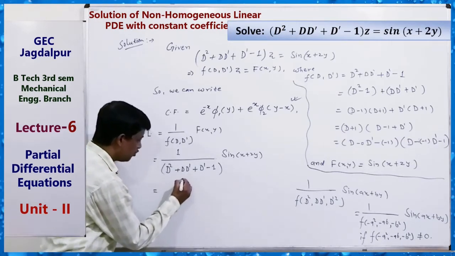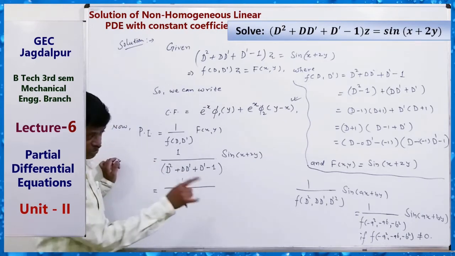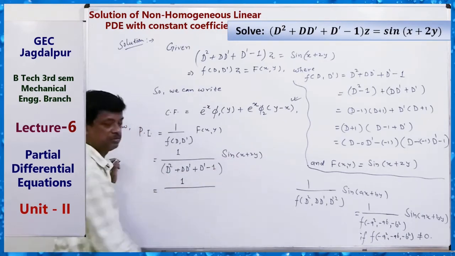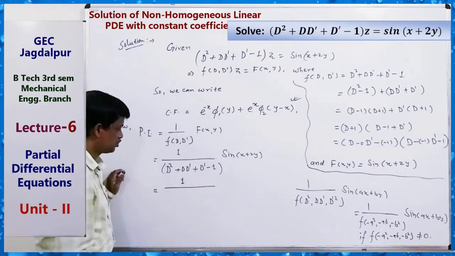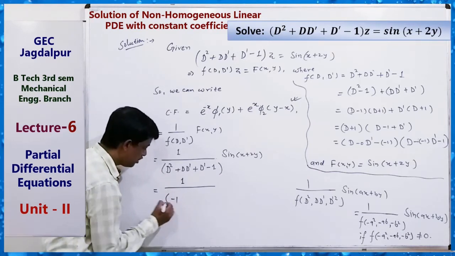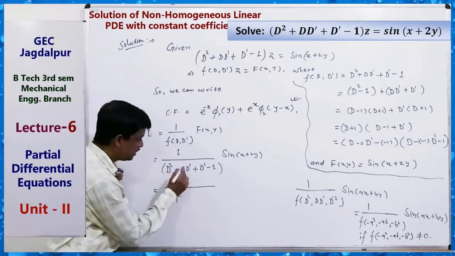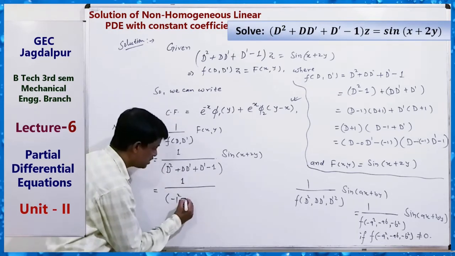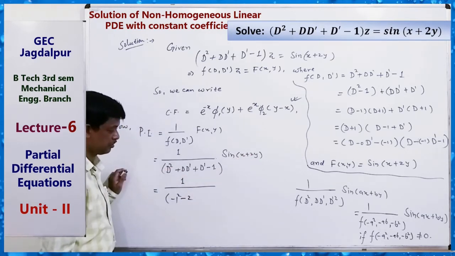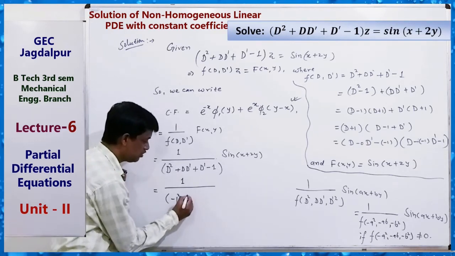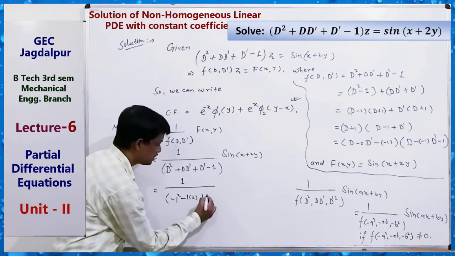Here 1 upon, D² means −a², where a equals 1 from x + 2y, so −1² for D², and −ab for DD', that is −1 × 2, plus D' − 1.